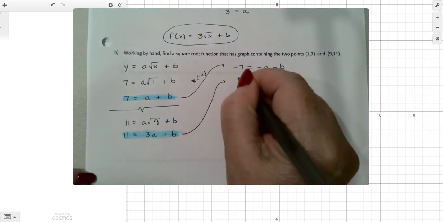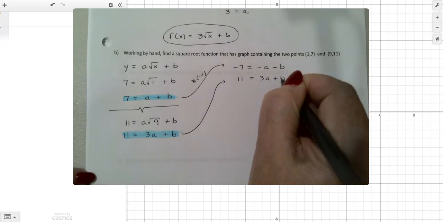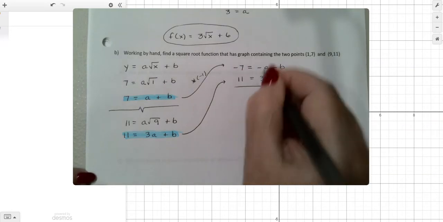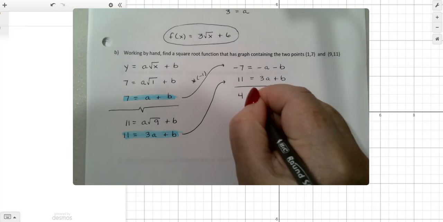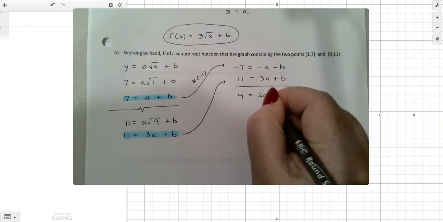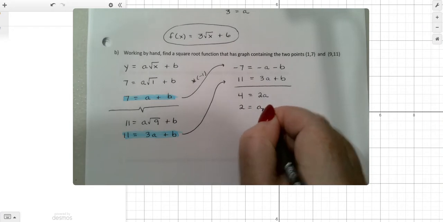Second equation, I'll just leave the way it is. And now if I add my equations, notice how the b's will be eliminated. So I have 4 equal to 2a, and therefore a is equal to 2.